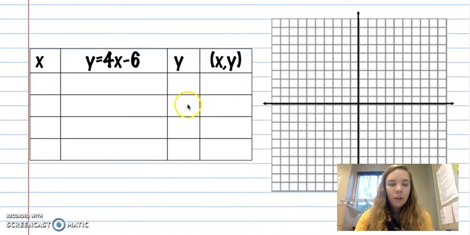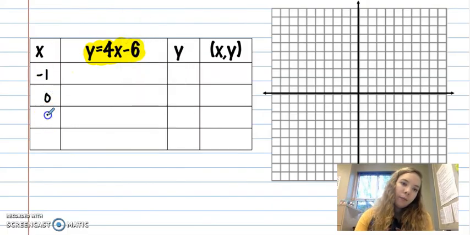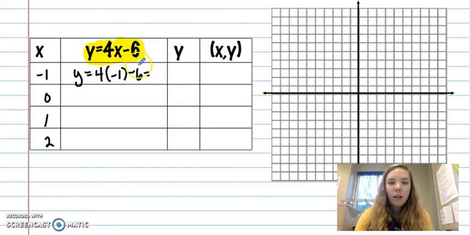Okay, new equation, but same idea. So this time I'm going to replace x right here, again with negative 1 first. So 4 times negative 1 is negative 4, minus 6 is negative 10.